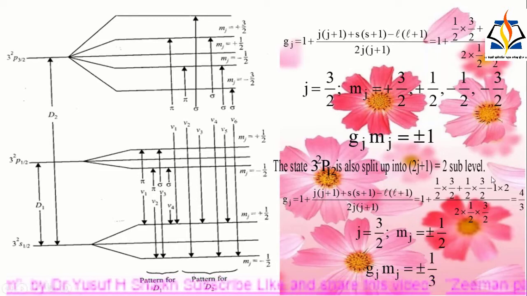That is equal to 1 plus (1/2 multiplied by 3/2 plus 1/2 multiplied by 3/2 minus 1 multiplied by 2) divided by 2 multiplied by 1/2 multiplied by 3/2. This is equal to 2 upon 3. So J is equal to half, mj is equal to plus minus half, and g_J mj is equal to plus minus 1 upon 3.